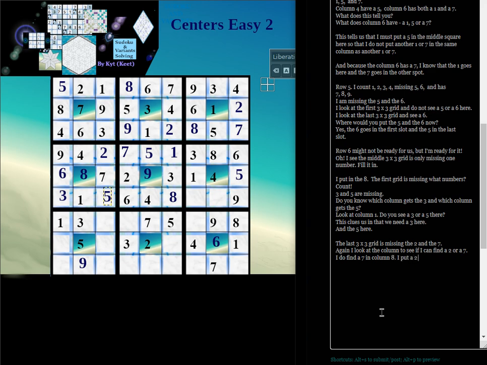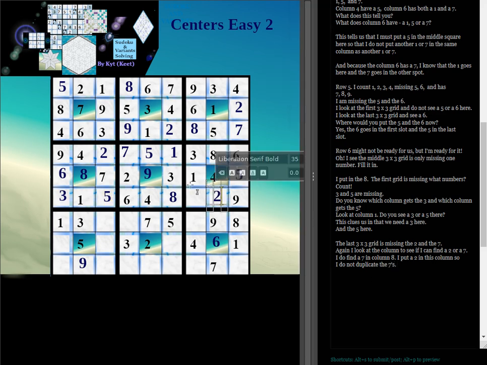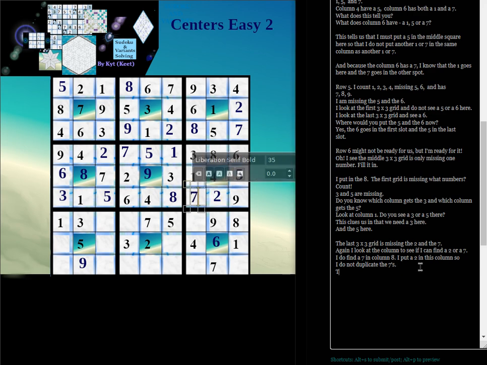I put a 2 in this column, so I do not duplicate the 7s. This means the other box gets the 7, and we are done here.